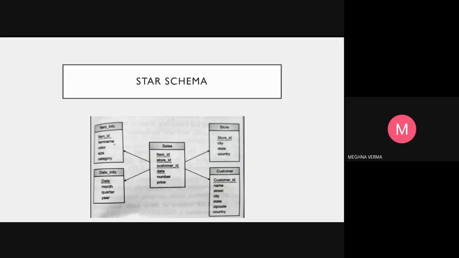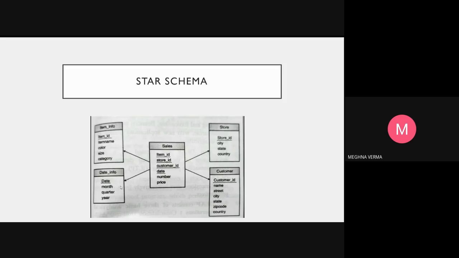Now these other tables are called dimension tables. Here we can see that item ID is the foreign key for the item info table, which is a dimension table. Similarly, for store ID we have the store dimension table, for customer ID we have the customer dimension table, and for date we have the date info dimension table.